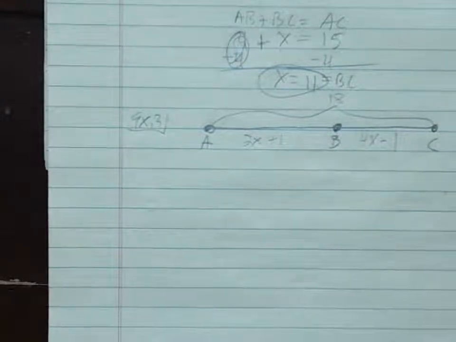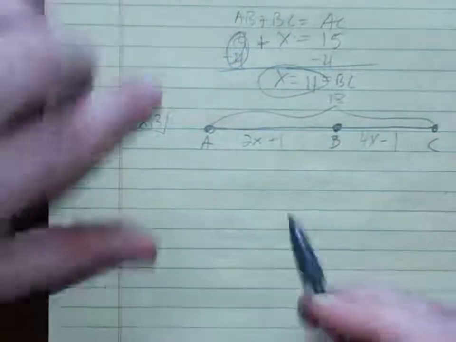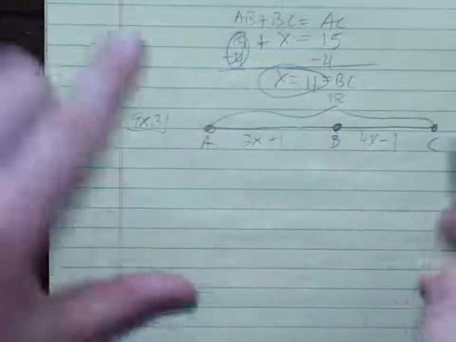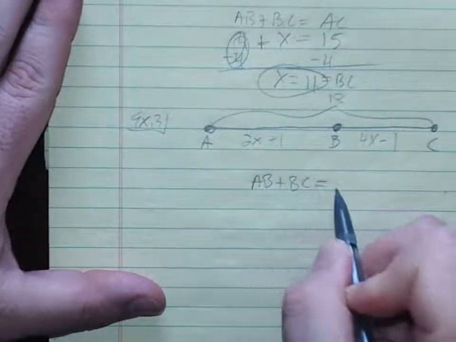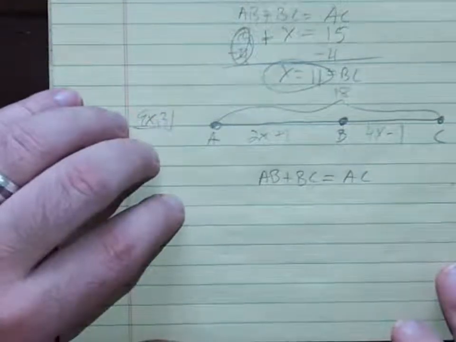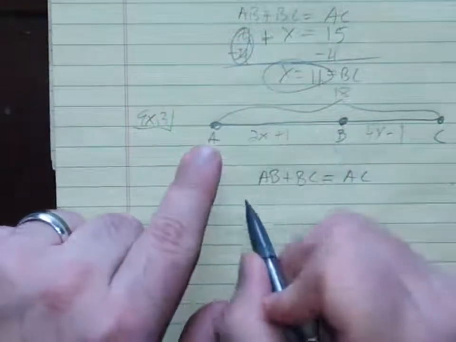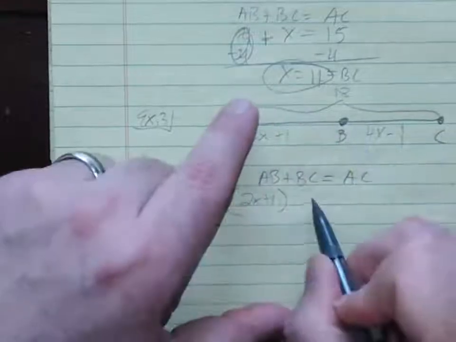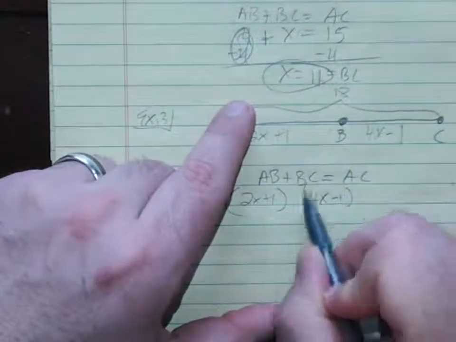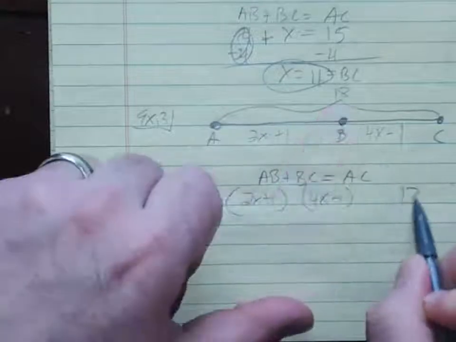So how do we solve this? Well, the thing is, the one constant in all of these cases is that the 2 pieces add up to the whole. AB plus BC equals AC. We know that AB is 2x plus 1. We know that BC is 4x minus 1. And we know that AC is 18.